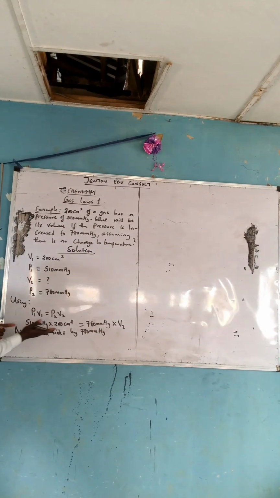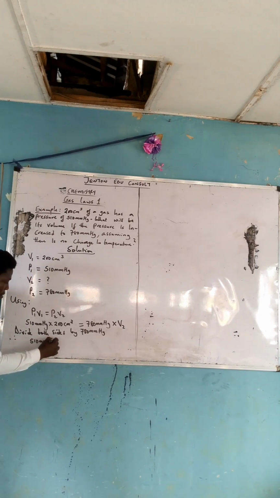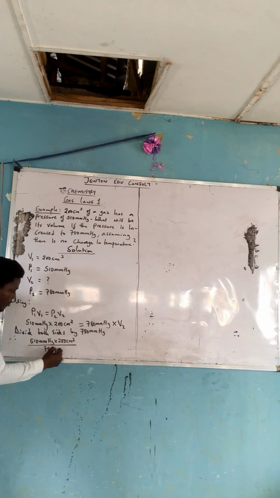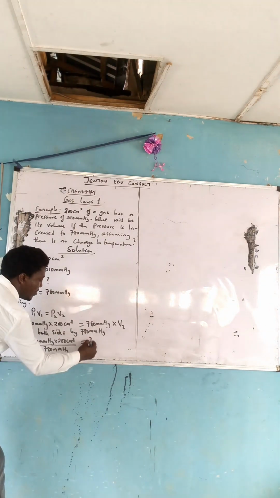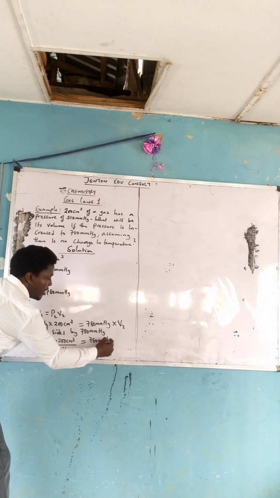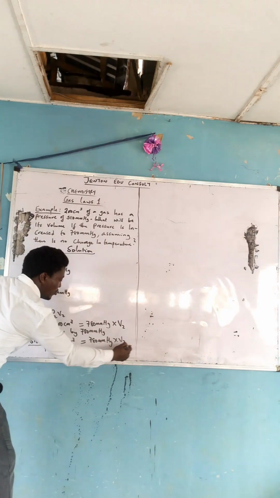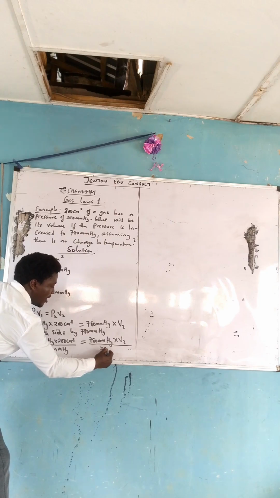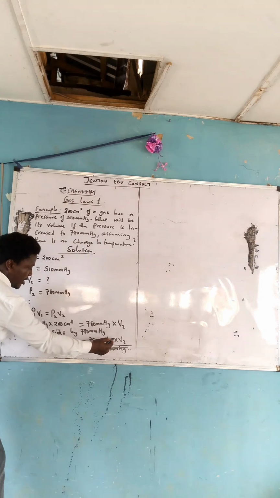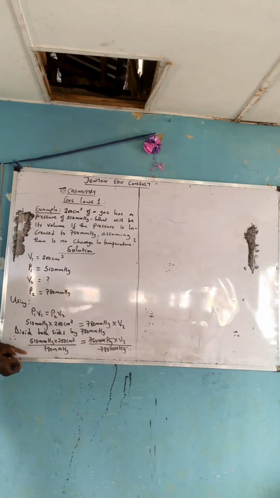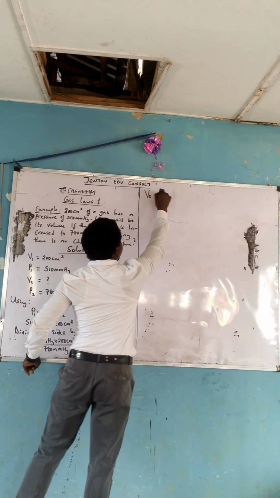Therefore, at the left hand side, we are going to have 510 millimeter mercury multiplied by 200 centimeter cube all over 780 millimeter mercury, which is equal to, at the other side, 780 millimeter mercury multiplied by V2, all divided by 780 millimeter mercury. Yes, 780 millimeter mercury cancels 780 millimeter mercury, and we are left with V2.